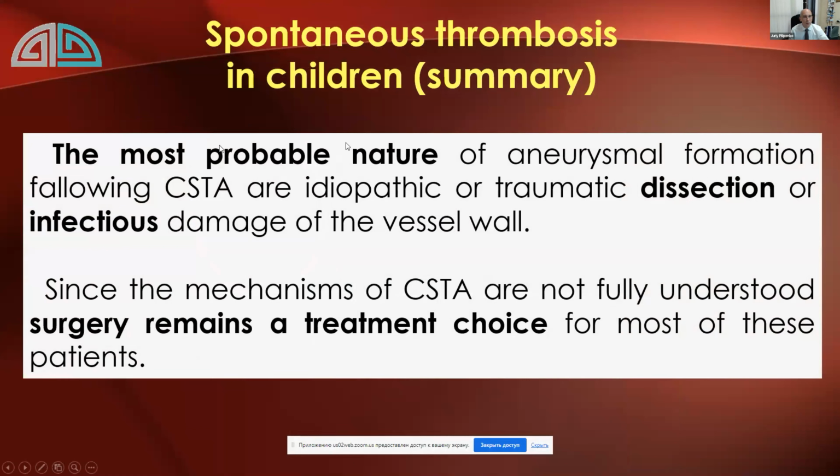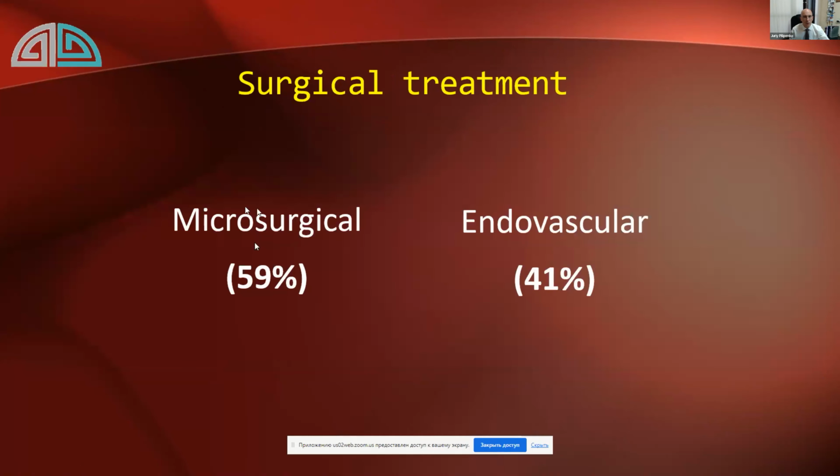And the summary about thrombosis: the most probable nature is idiopathic, or traumatic dissection, or infection. Since the mechanism of thrombosis is not fully understood, we recommended surgery in the majority of these cases as the first treatment option. And this is our surgical treatment data.